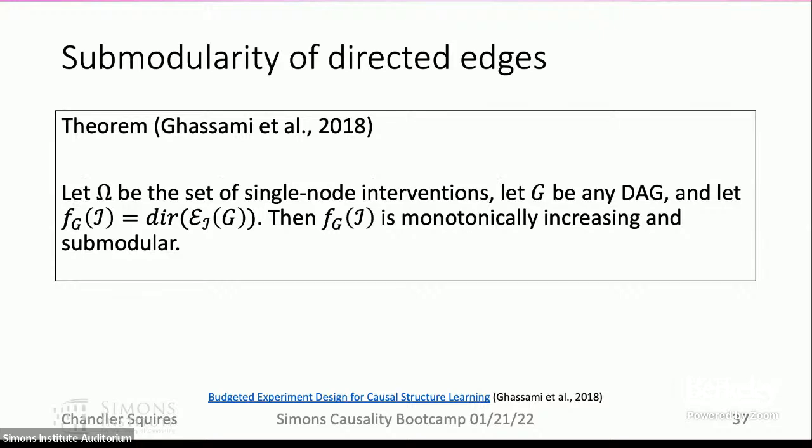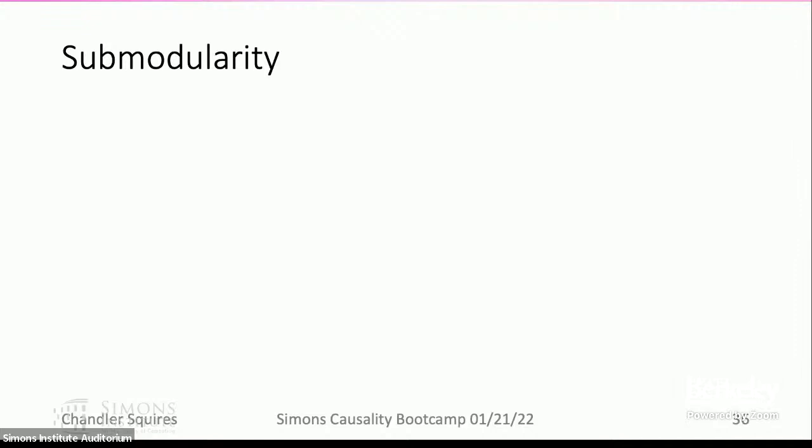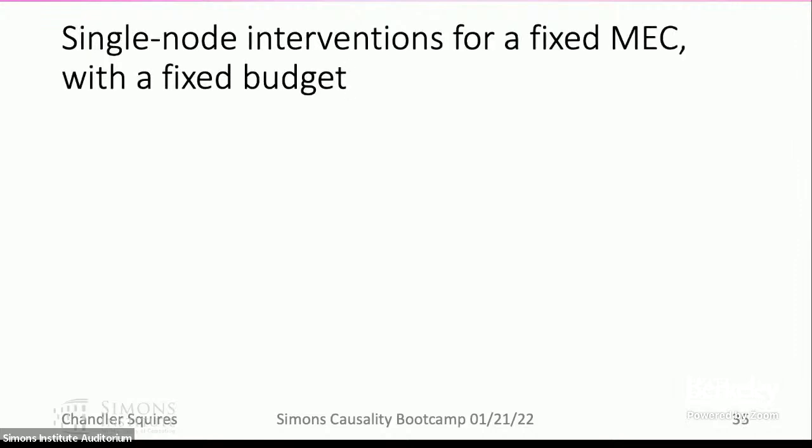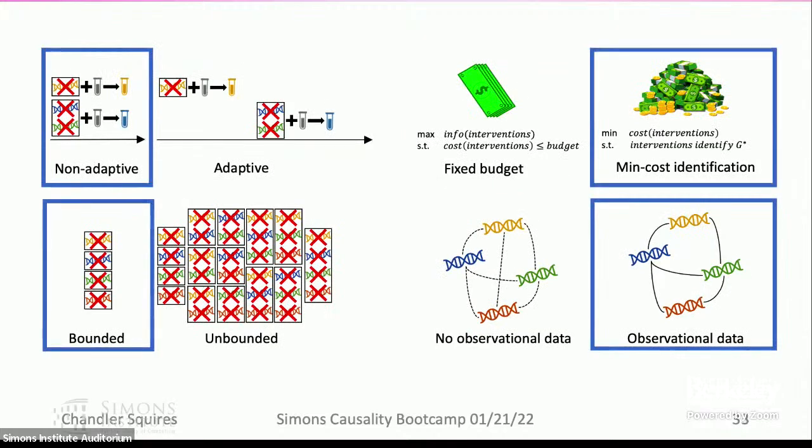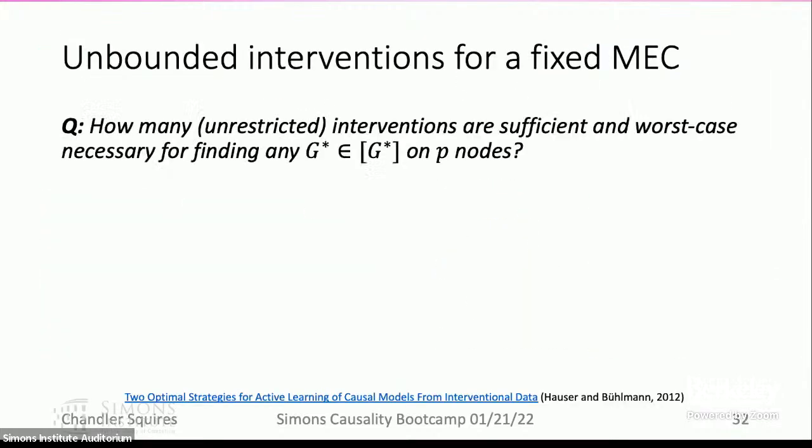So intervening on node 1 costs you $1, and intervening on node 2 costs you $2. Intervening on them together costs you $3. You can't say, oh, it's actually harder to intervene on 2 things at the same time, so now that's going to be $5 or something like that.